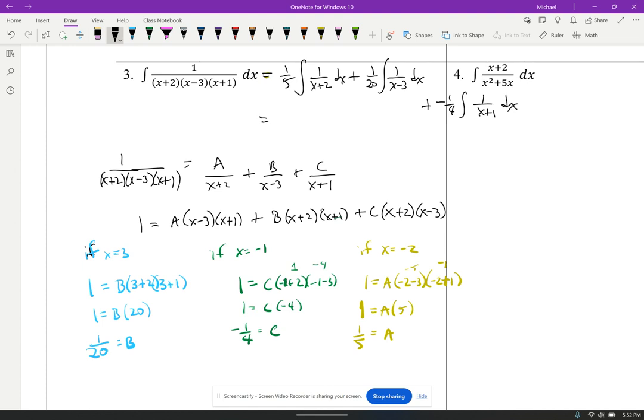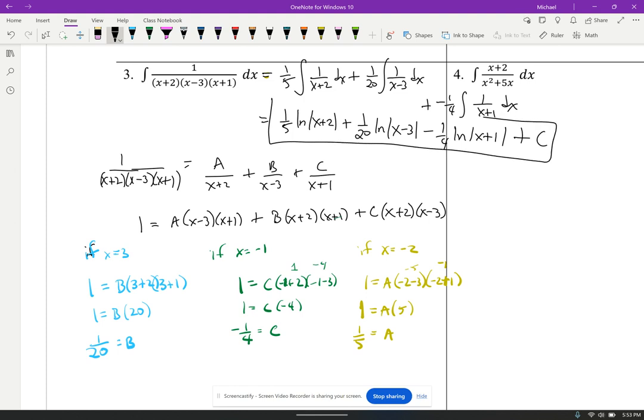And I can use the natural log antiderivative: 1/5 times the natural log of the absolute value of x plus 2, plus 1/20th times the natural log of the absolute value of x minus 3, minus 1/4 times the natural log of the absolute value of x plus 1, plus c. And here is my answer.